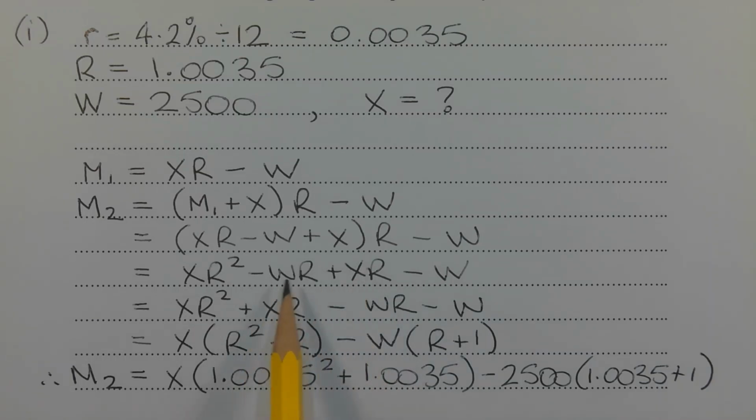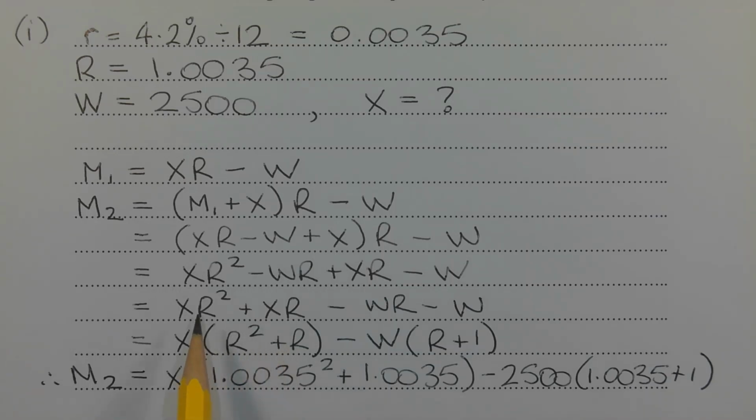So by switching these two terms around, we get M2 is equal to XR squared plus XR minus WR minus W. Notice at this point, I'm not using the numbers or the actual values, but I'm using the variables instead to do the modeling because it's actually easier to do that. Later on though, we will substitute in the known values for W and R because ultimately that's what the question is asking us to show.